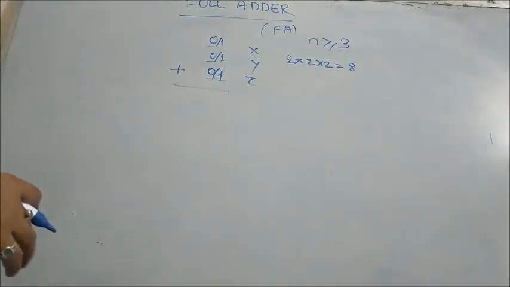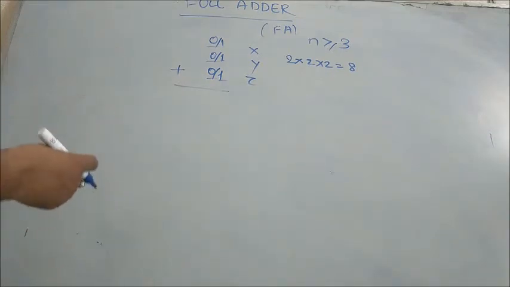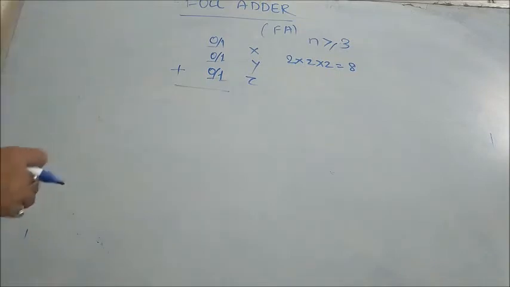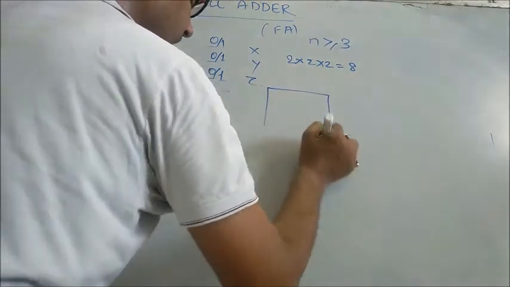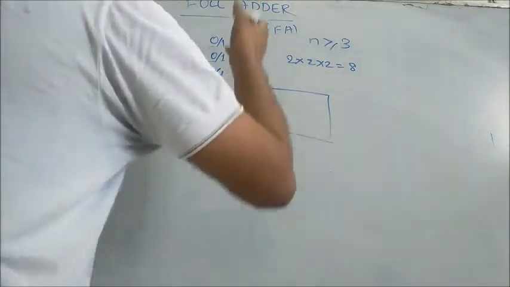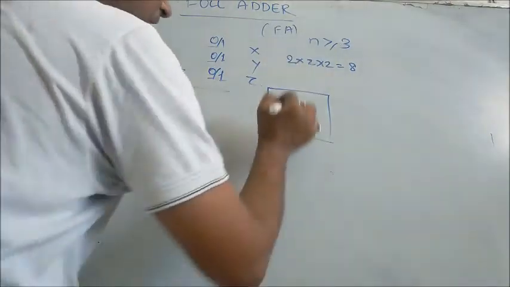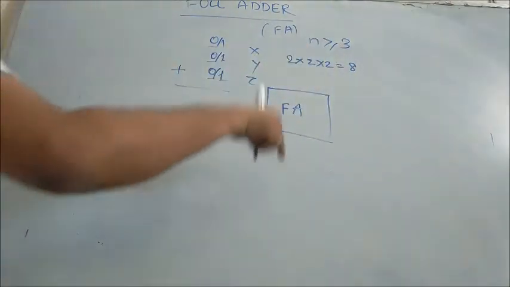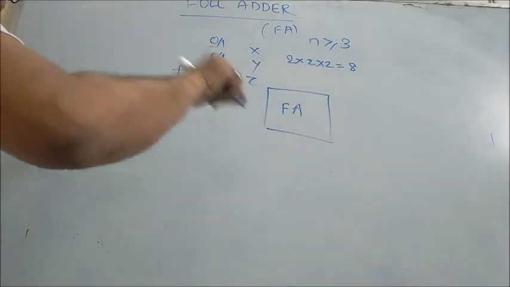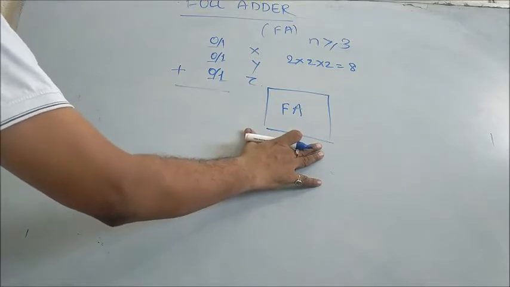First of all, to understand the truth table and logic circuit, let us talk about the block diagram of FA, that is full adder. Whenever you are designing the block diagram, you need not write full adder as a whole. You can simply write FA in this box, which means this is the block diagram of your full adder.